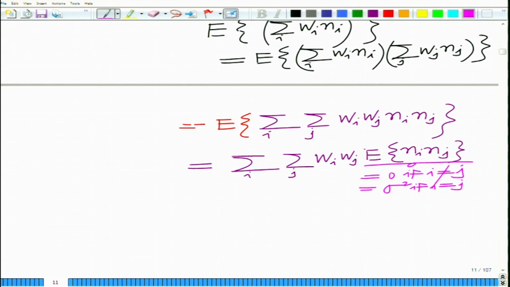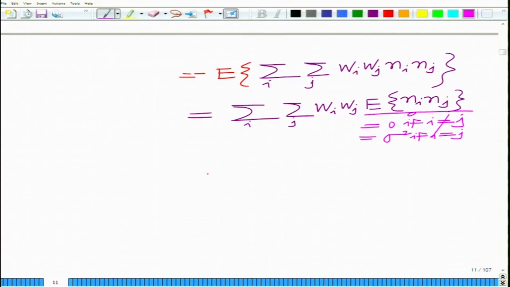So when i is not equal to j, expected value of Ni Nj is basically 0. The noise samples of the two different antennas are uncorrelated. So only the terms where i equals j survive, and in that case expected value of Ni Nj is sigma square.